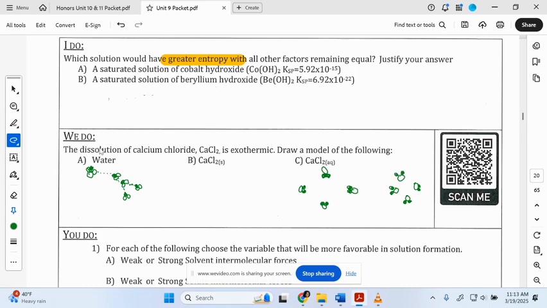All right, now I'm going to draw this. Okay, what's connecting these things? Ionic bonds, yes. So we have to pull those things apart. That's going to require some energy.